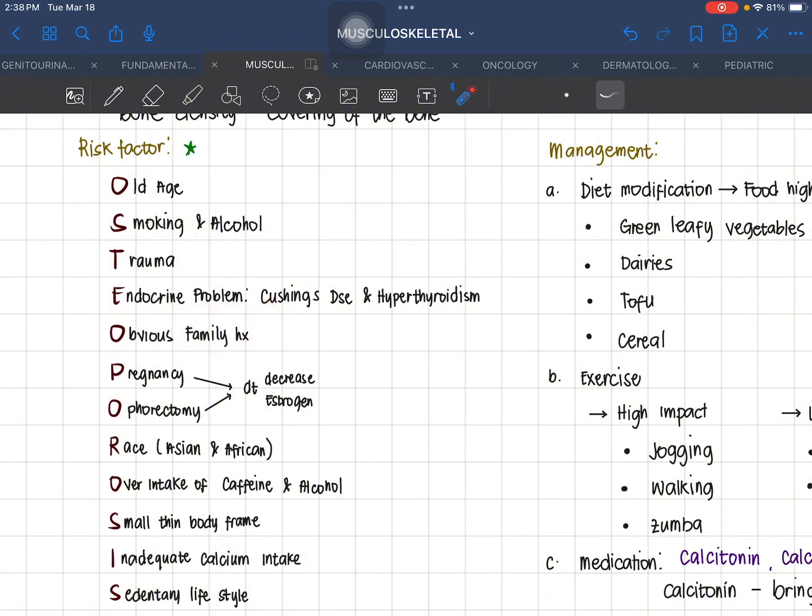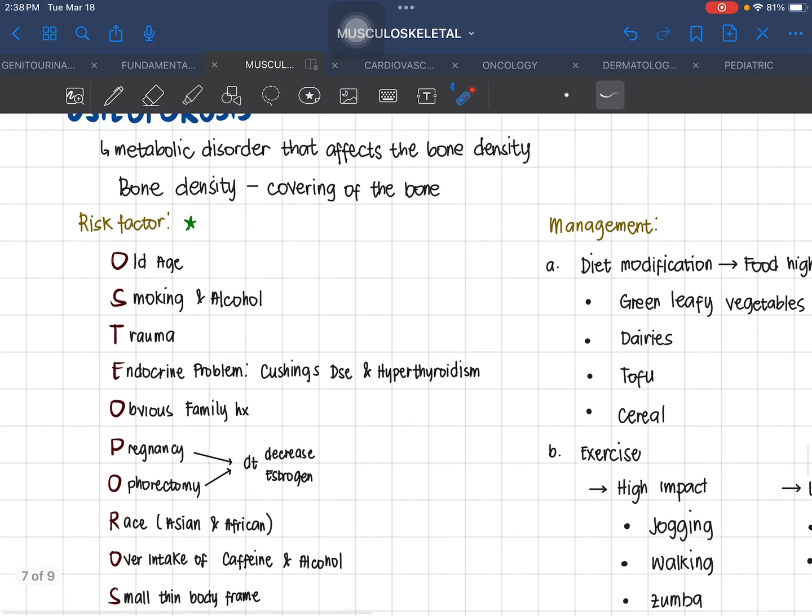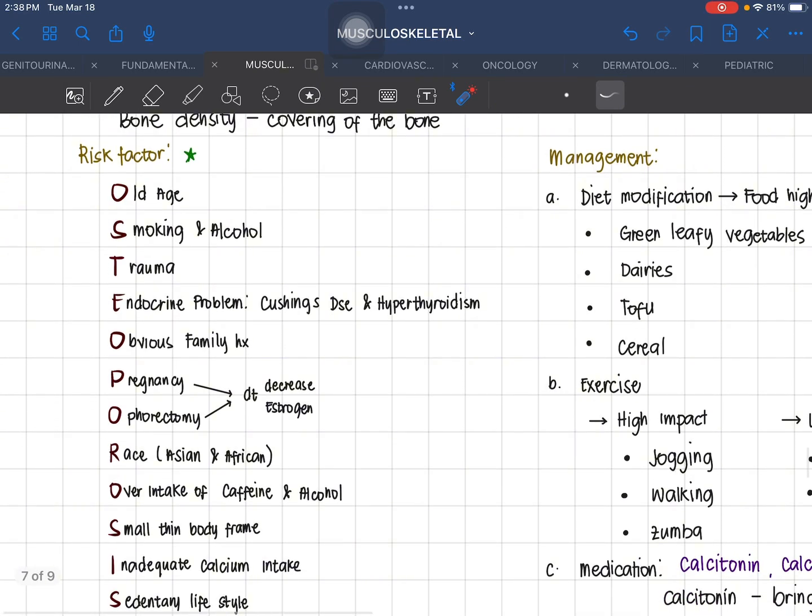Yung mga family history kasi namamana din siya. P for pregnancy and O for oophorectomy dahil decrease ang estrogen. Kaya, prone ka or at risk ka for osteoporosis. Highlight natin tong oophorectomy.